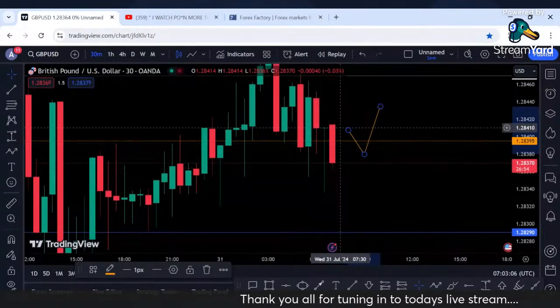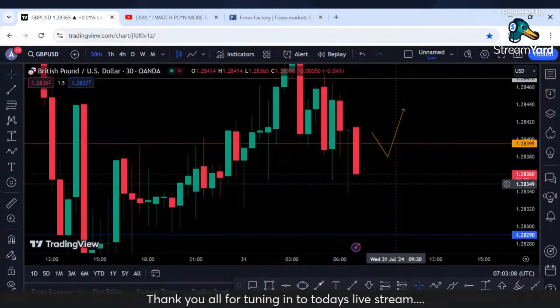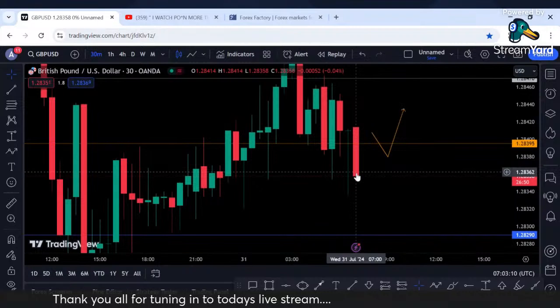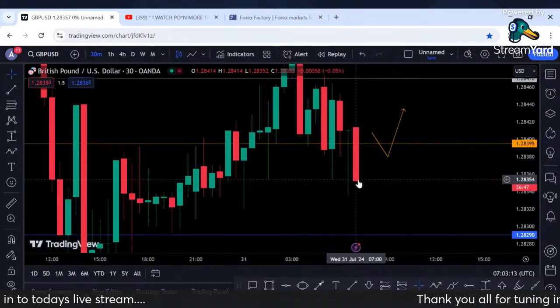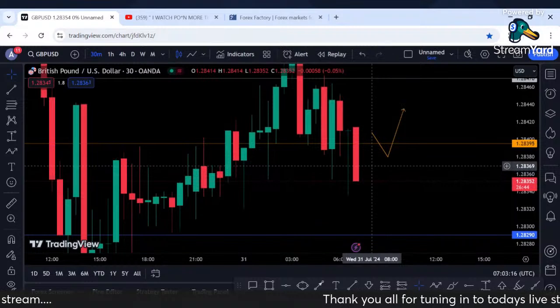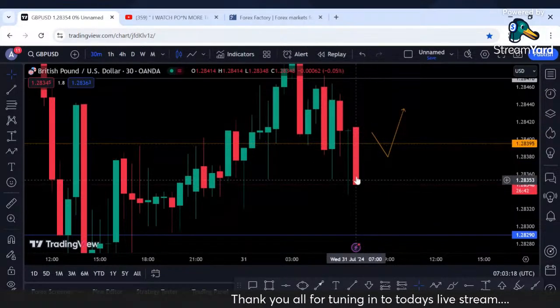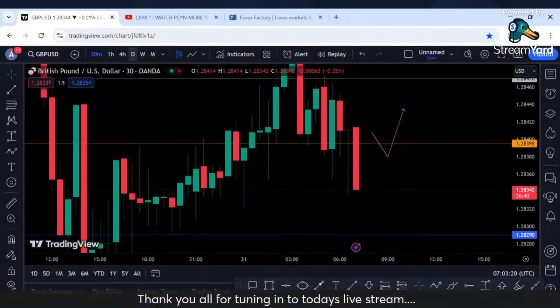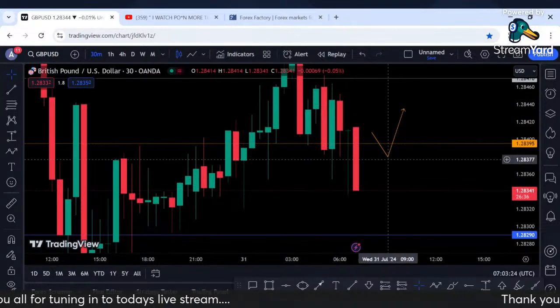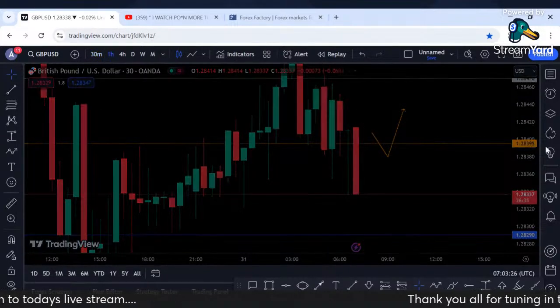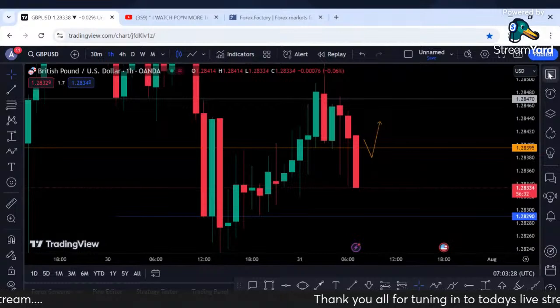So that's what you will be seeing at the 30-minute time frame. So this is a fake out candle. After the fake out candle has been created, either it is going to bounce back again, or you allow it to close before you make a decision. So that's how it works.